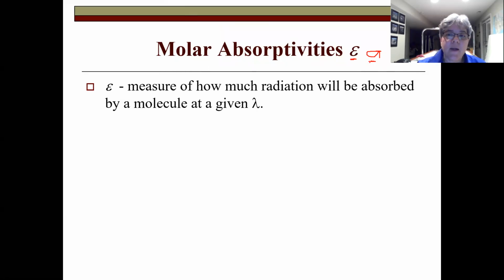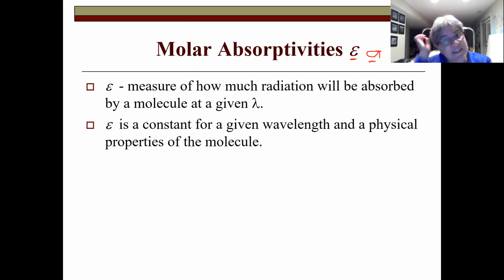So if we're talking about absorptivities, what is that? Well, remember, it's a measure of how much radiation will be absorbed by a given molecule at a given wavelength. So this number is a constant. It's a physical property of a molecule.